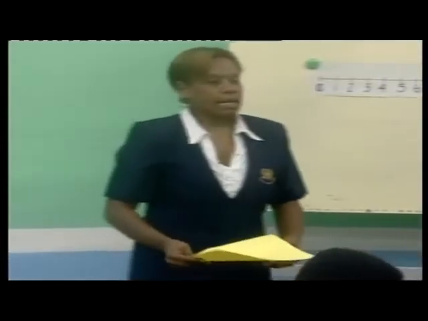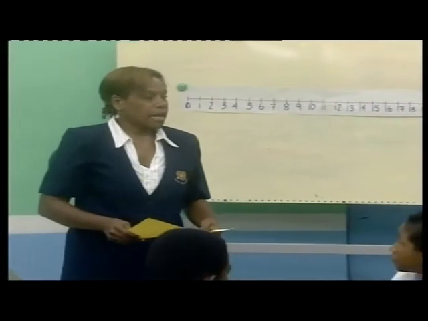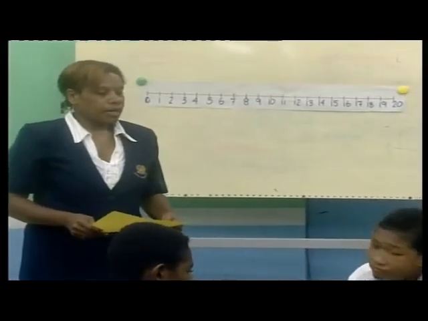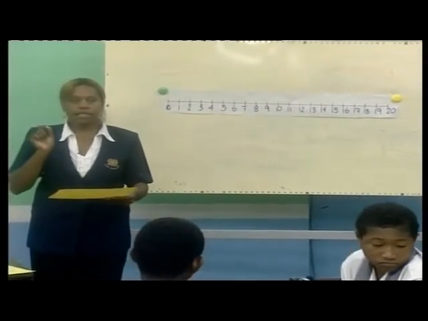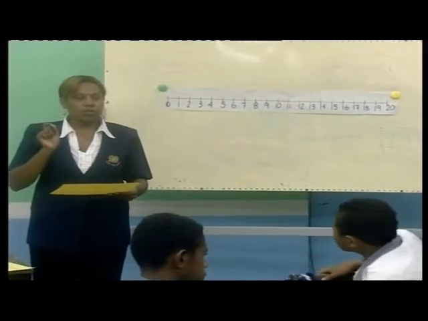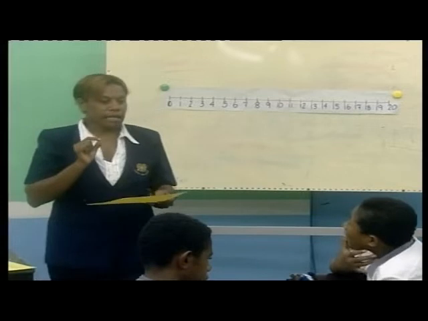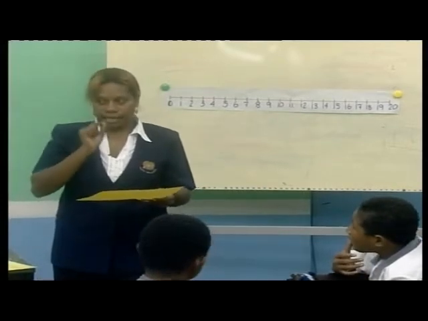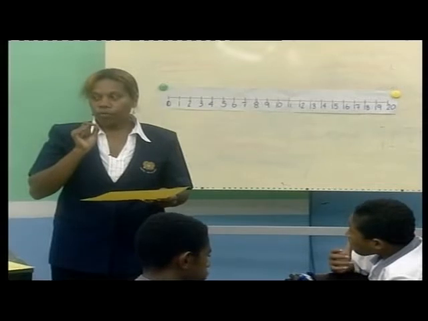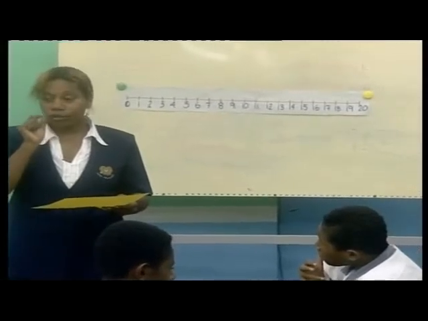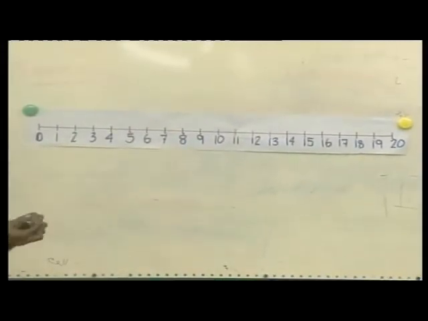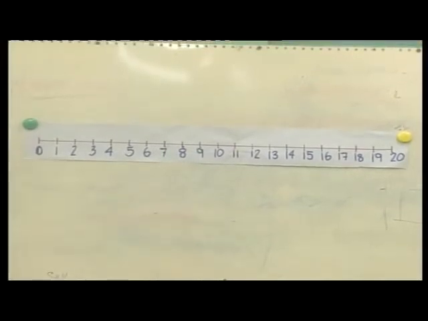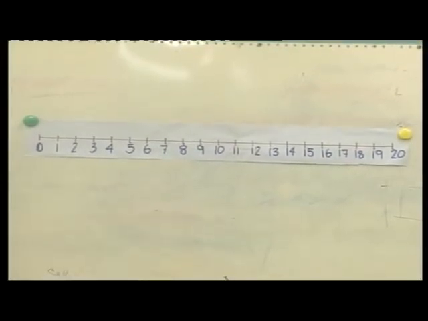On your number line, I'd like you to move. Get a pencil. I want you to move on your number line 4 places. Starting from 0, count 4 places: 1, 2, 3, and 4. Now, I'd like you to circle that number.